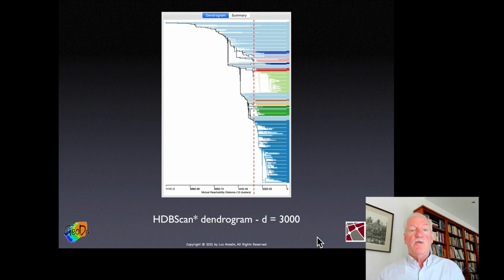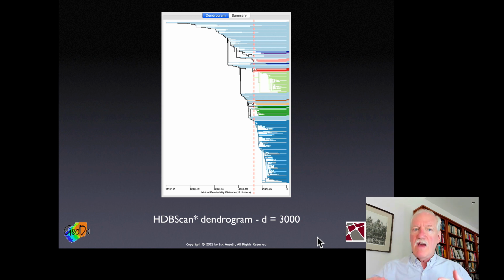So a couple of new concepts. We have the concept of a core distance, which is the inverse of the density. We use this core distance to create a new concept of mutual reachability distance. That forms the basis of a graph representation of our points with this mutual reachability distance corresponding to the length of the edges.